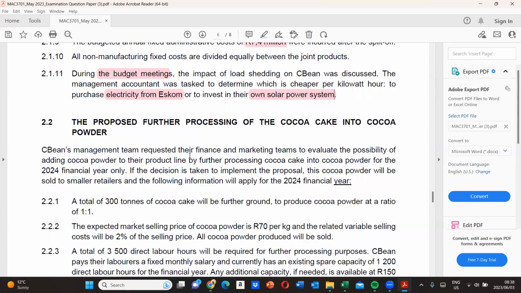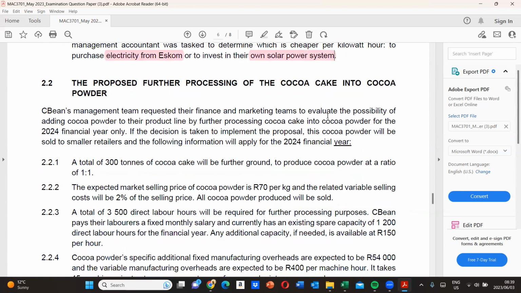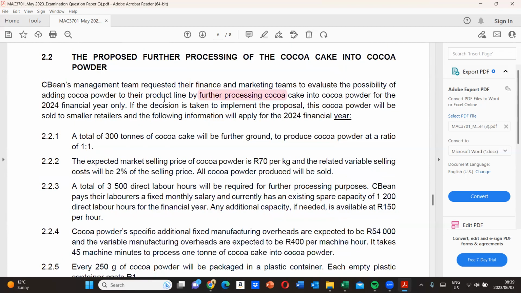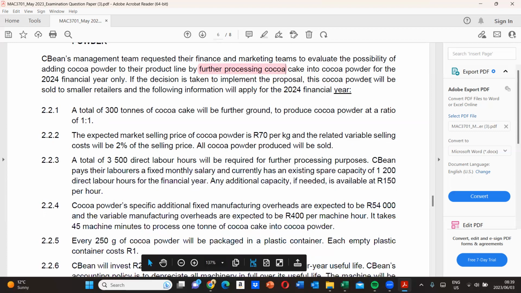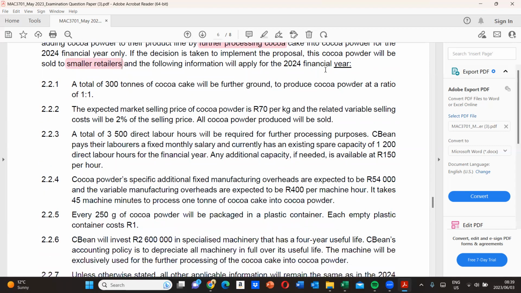C-Bean's management team requested their finance and marketing teams to evaluate the possibility of adding cocoa powder to their product line by further processing cocoa cake into cocoa powder for the 2024 financial year only. If the decision is taken to implement the proposal, this cocoa powder would be sold to smaller retailers, and the following information will apply for the 2024 financial year.